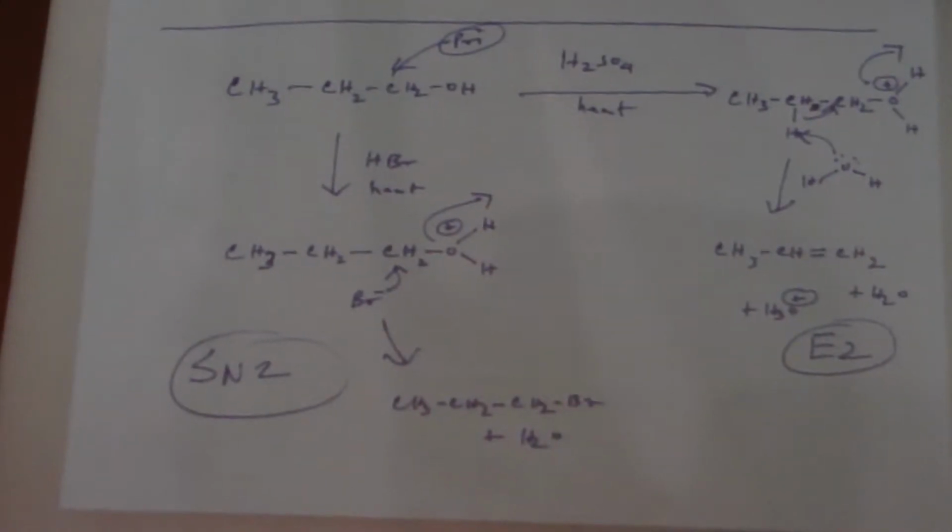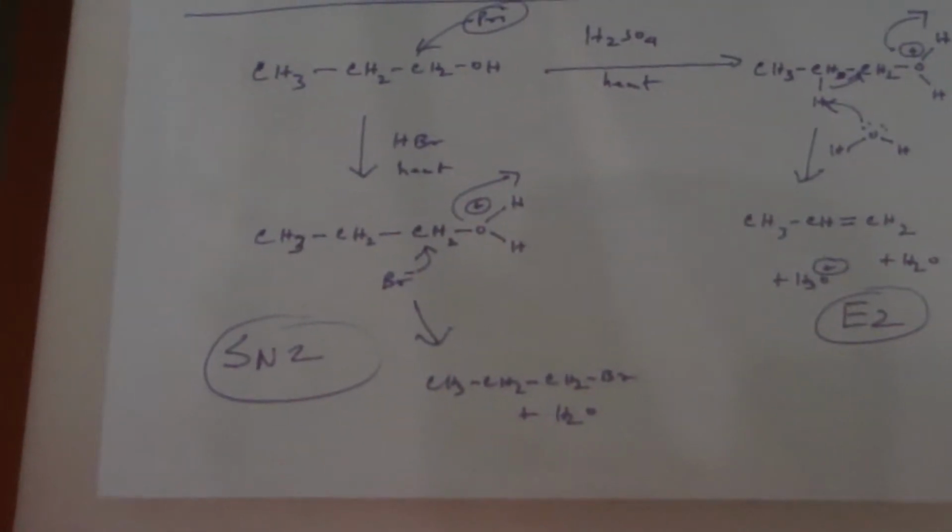The E2 reaction can also take place under the conditions of dehydrohalogenation. Dehydrohalogenation essentially means you remove hydrogen and halogen from adjacent carbons.